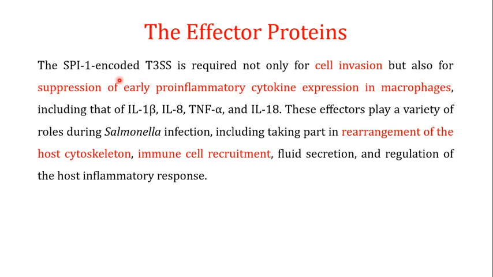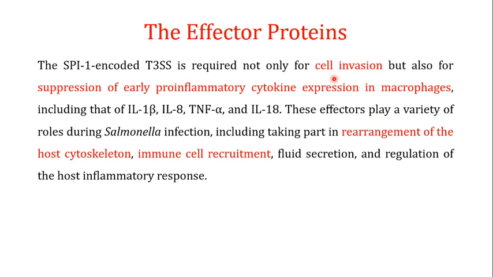Now this SPI-1 encoded type 3 secretion system is required not only for cell invasion, but also for the suppression of early pro-inflammatory cytokine expression in the macrophages. Because what happens is, when the bacteria enters into the human being, a pro-inflammatory cytokine response is generated by the immune system of the human, which is responsible for neutralizing the bacteria.